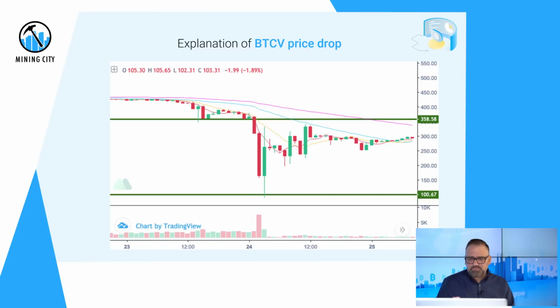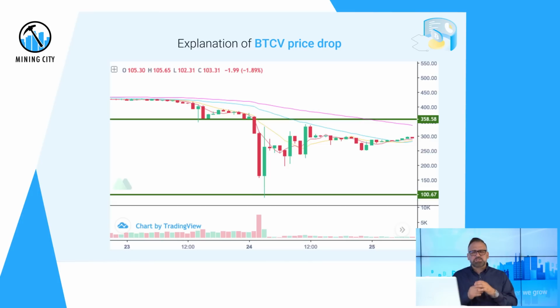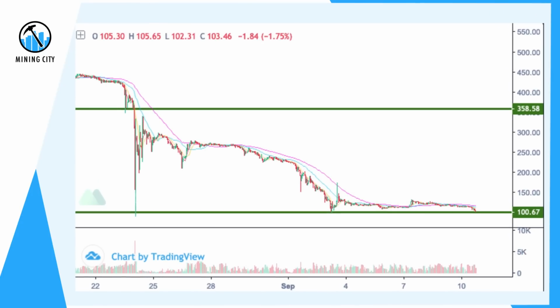As you can see here at the bottom, the sales volume just tripled. And that just confirms that there were more people willing to sell than buy at this very particular moment. This, in turn, caused further drops in price until the psychological support level of $100 was reached. And from that moment, the price bounced back to around $200.